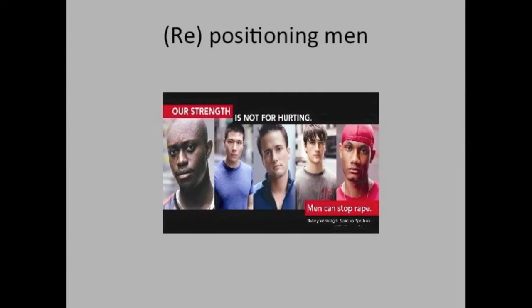The Men Can Stop Rape program in this country has also spread to other countries. There's another program being funded by the Netherlands government in Indonesia, Brazil, Rwanda, and South Africa that's beginning to look at redefining masculinity, what does it mean to be a man, that sort of thing.